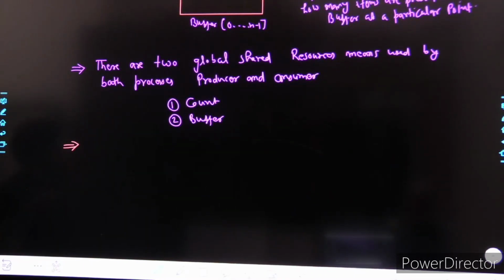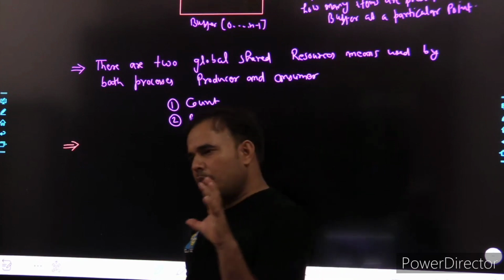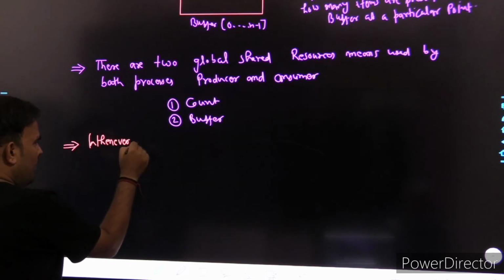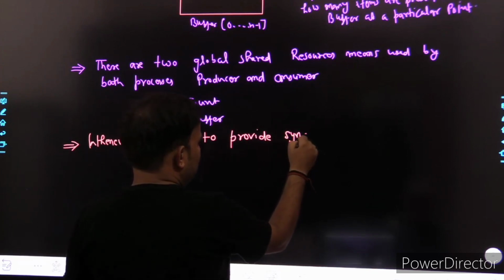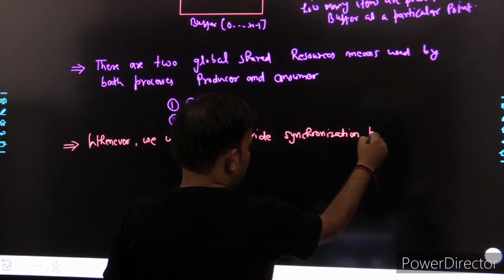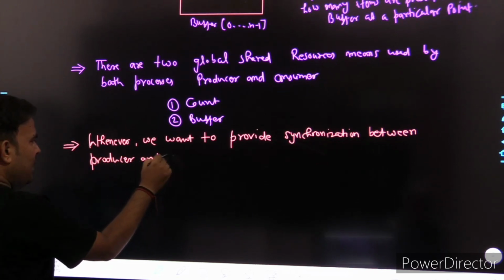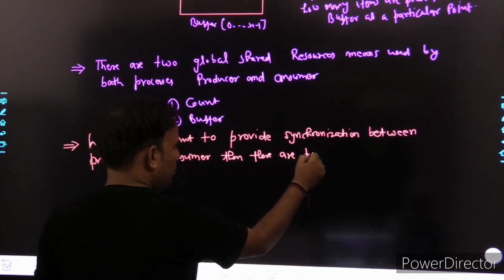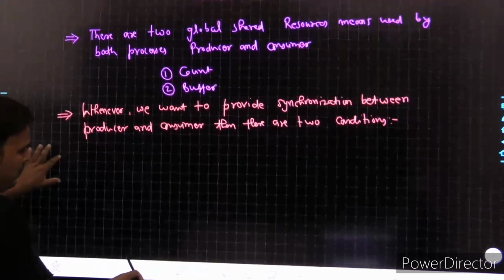Whenever we want to provide synchronization between producer and consumer, there are two conditions. What are these two conditions, my dear friends?